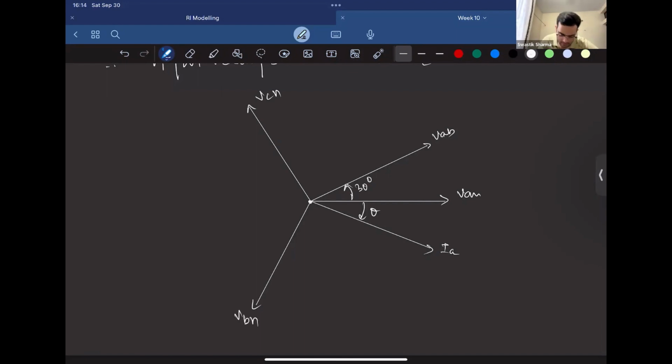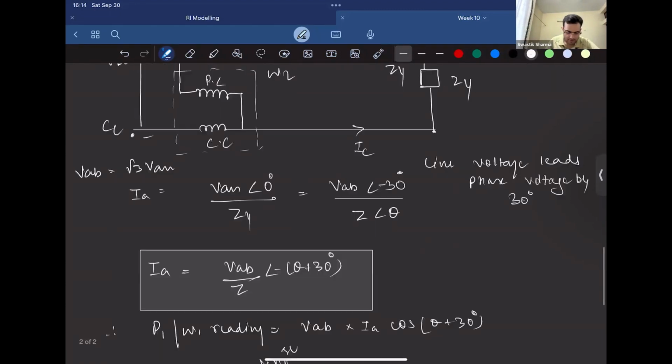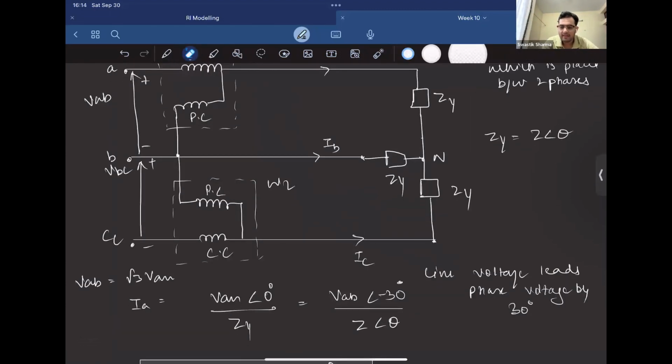So that's there. Also, we know that IC will lag. So what are the quantities we are interested in? We are interested in VBC and IC, right?